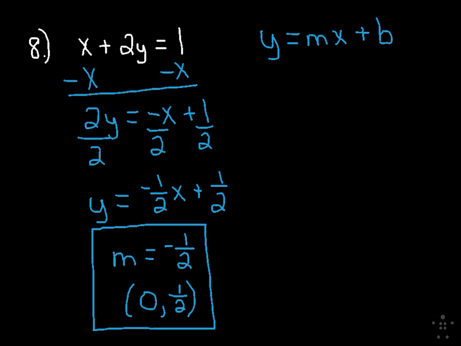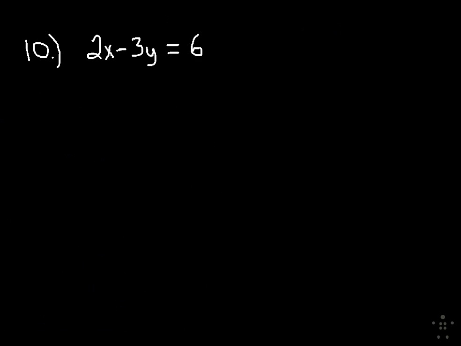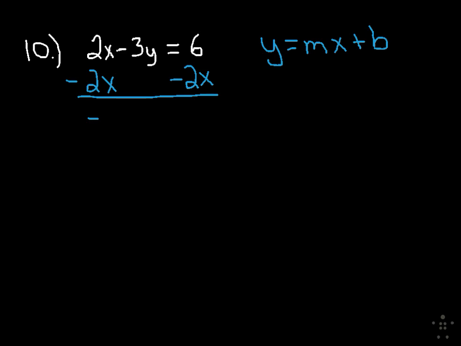Moving on to question number 10. I'm supposed to state the slope and y-intercept. So again, I'm thinking y equals mx plus b. So I need to solve this for y. So subtract x from both sides. I get negative 3y is equal to negative 2x plus 6. Divide everything by negative 3.